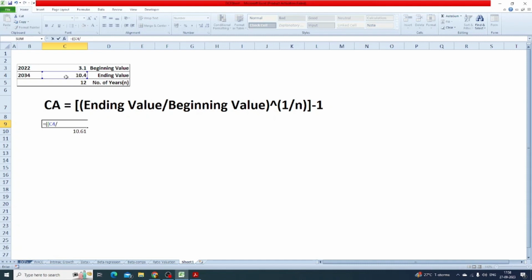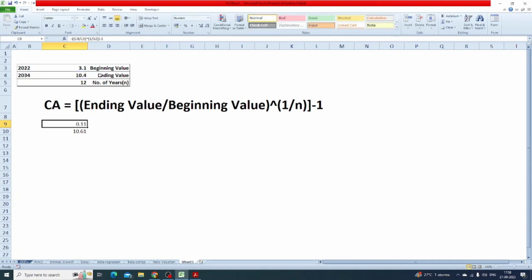divided by the current value, which is $3.1 trillion, and then we need the power of 1 by n. So again, open the bracket, 1 divided by the number of years, which we take as 12, close the brackets, and minus 1.